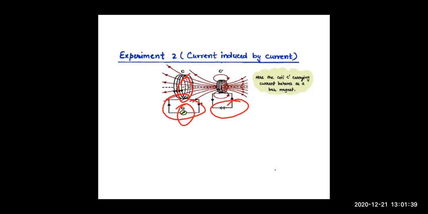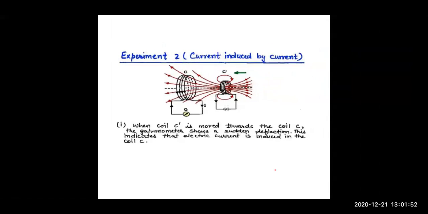And here we have another coil C dash which is connected with a battery, and it is a current carrying coil. Now, children, when the coil C dash is moved towards the coil C, the galvanometer showed deflection. It means current is induced in coil C due to the motion of the coil C dash.